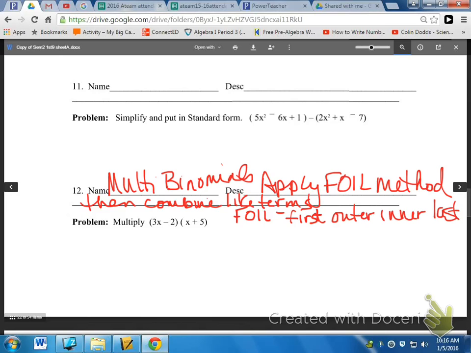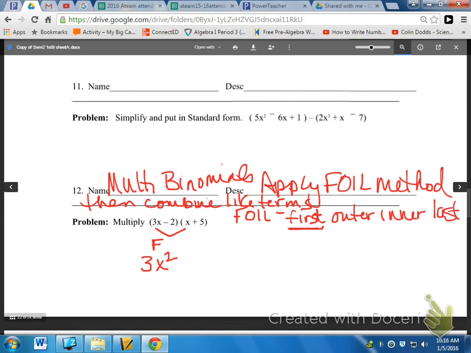When I'm looking at the two binomials, 3x minus 2 and x plus 5, if I go with first, it means the first term in each binomial. So that's the 3x times the x. So my first is 3x times x, which is 3x to the second.